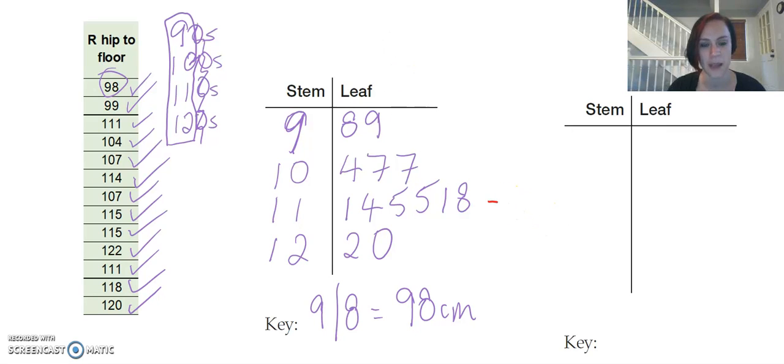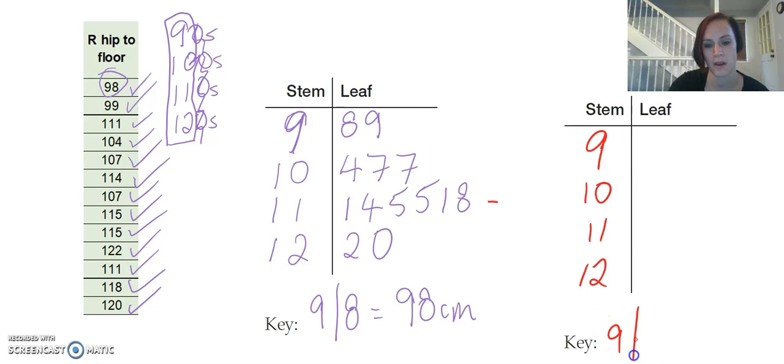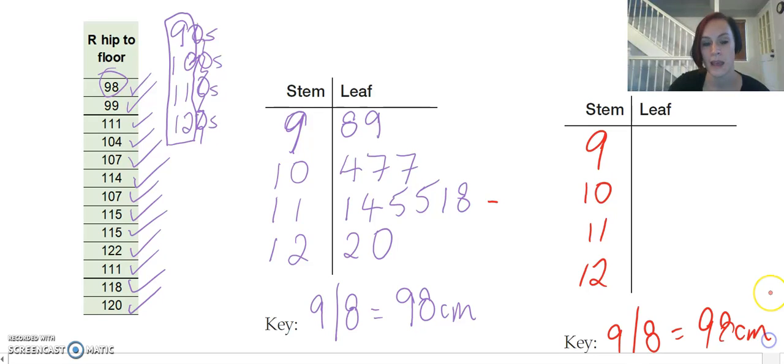So straight away, from the middle in, going outwards, we need to make it in numerical order. So our stem will stay the same, 9, 10, 11, and 12. Our key will stay the same, 9-8 still means 98 centimeters.